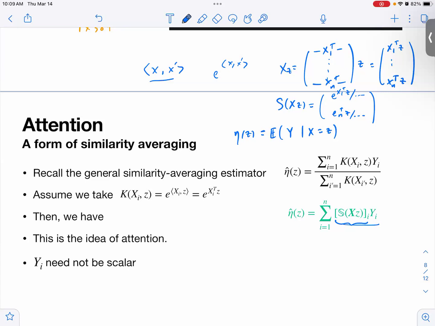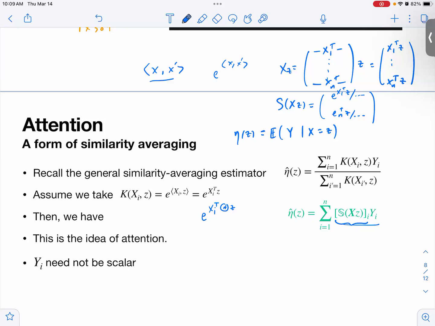What I can do, for example, is add a parameter in between. Between xi transpose and z, I can have a theta parameter here, and then this parameter I can learn. So it could be a learned similarity matrix.